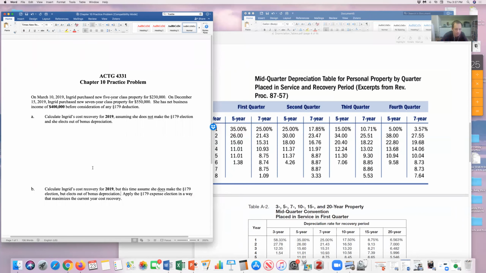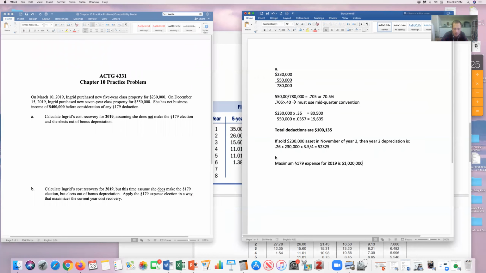All right, so in part B, we are applying 179 expense. But we know there's a phase out. If you put in service a certain amount of property for the year, the phase out threshold is $2,550,000 of eligible property for 2019.